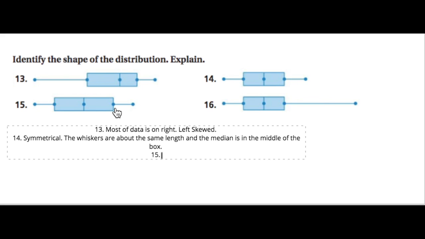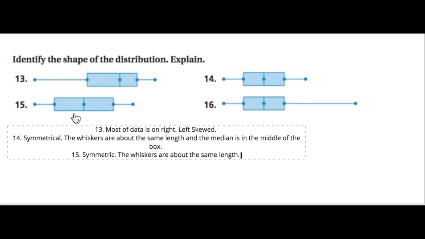Number 15 is actually also going to be symmetric, but the explanation is a little bit different. This time, it is symmetric because the whiskers are about the same length. This whisker is the same length as this whisker, and from these quartiles to the median, it's also the same length.